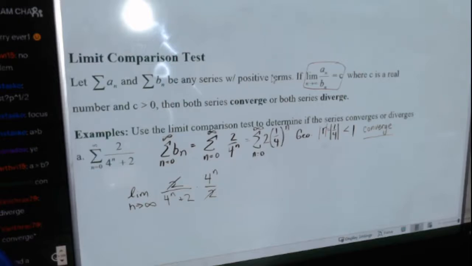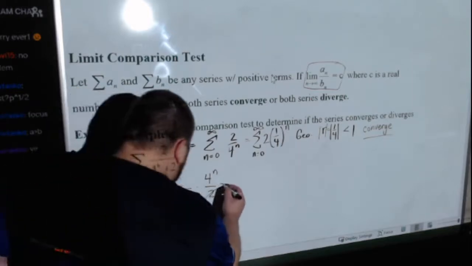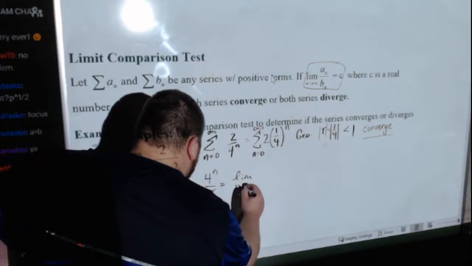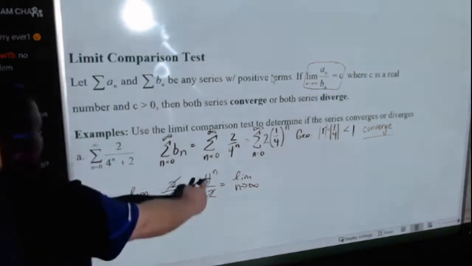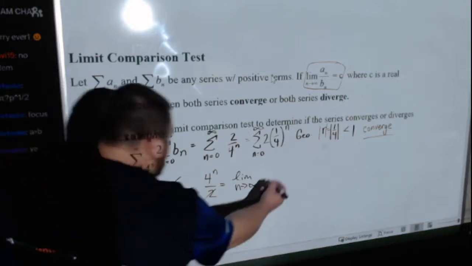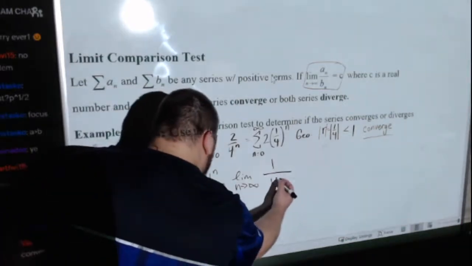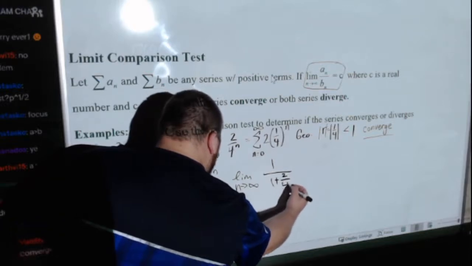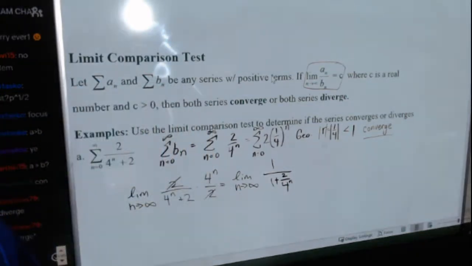But then I have to evaluate a limit. So this one might look a little strange, but we can go ahead and divide by the highest power, or the biggest term everywhere. So this would be limit as n approaches infinity. I'm going to divide every one of these terms that remain by 4 to the n. So what do you think that comes to if I let n approach infinity?